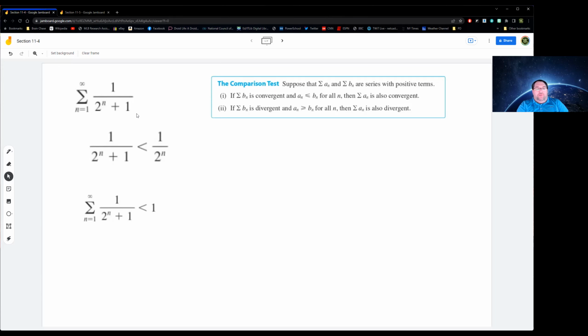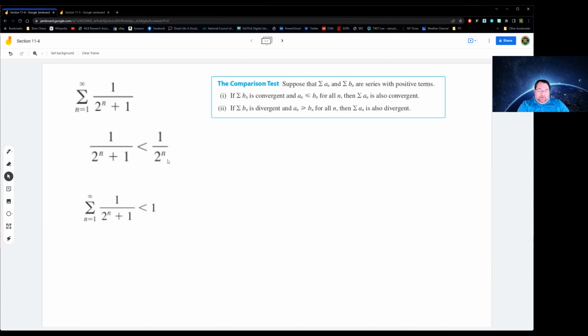I know that 1 over 2 to the n plus 1 is going to be less than 1 over 2 to the n, because my denominator is getting a little bigger, which means this one's going to be a little smaller than that one. So I know this one's always less than this one.